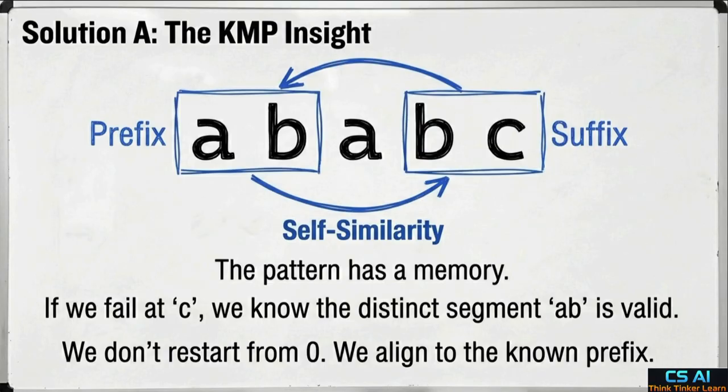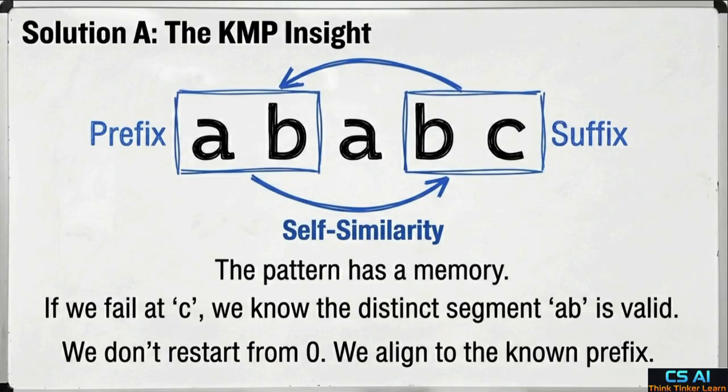If we are matching ABABC and we fail at the C, we don't just give up and restart. We look at what we matched right before the failure, the ABAB part. Because we know we just saw AB at the end of a successful segment, we know AB is also at the beginning of our pattern. We can simply align the start of the pattern with that AB we just found in the text.